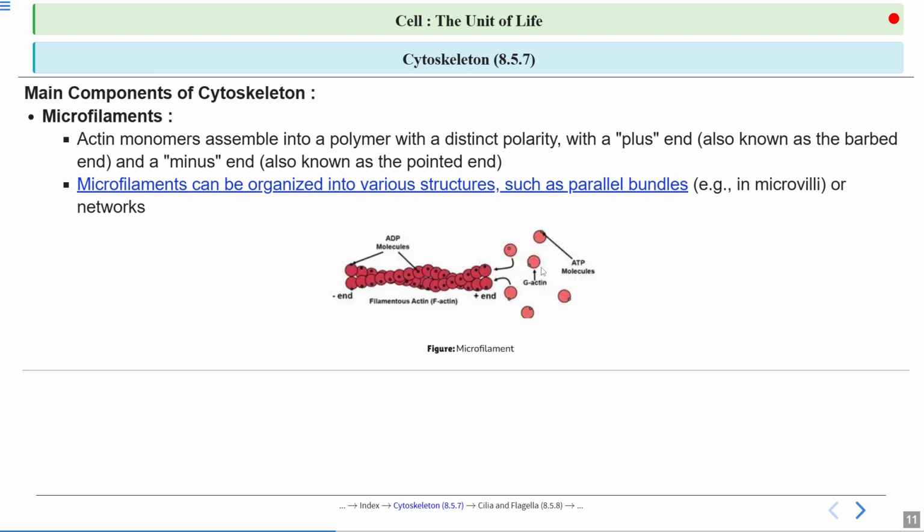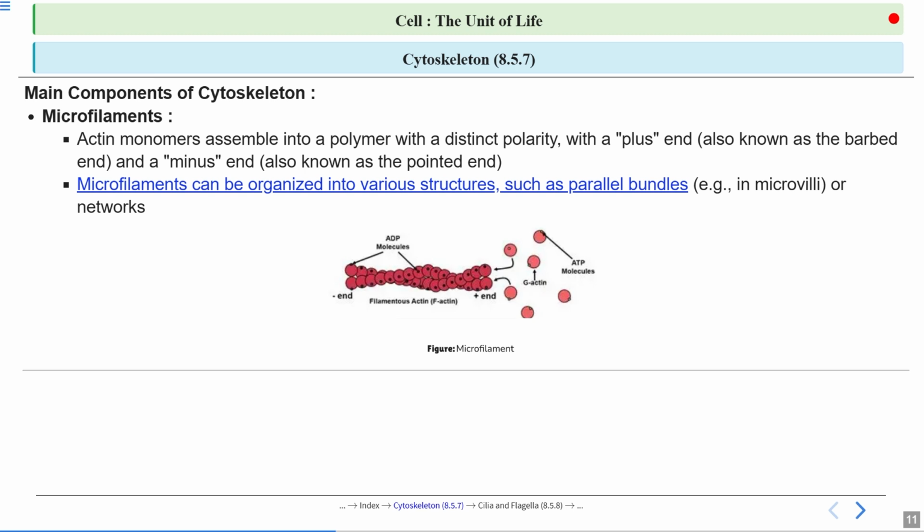Now, what are the functions of the microfilament? So microfilament helps in cell movement. It also helps in cell division, and it also helps in maintaining the cell shape as well. All of these three components are involved in maintaining the cell shape. They are also a very key component of the cytoskeleton.